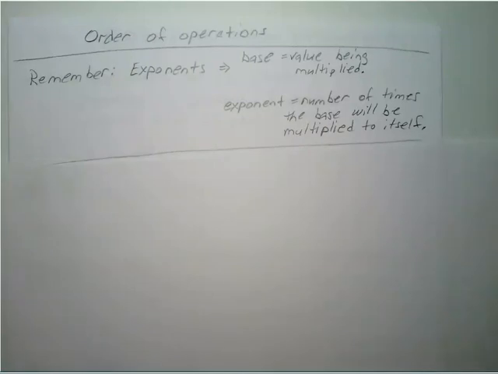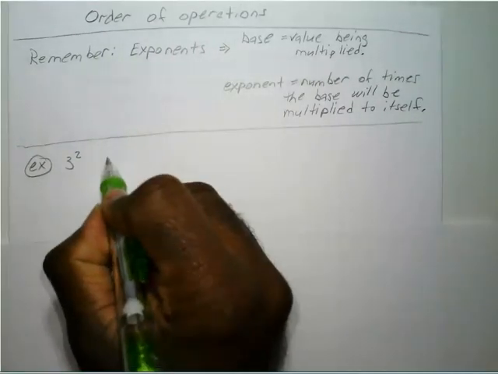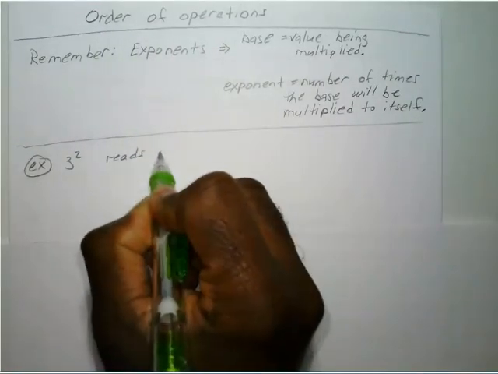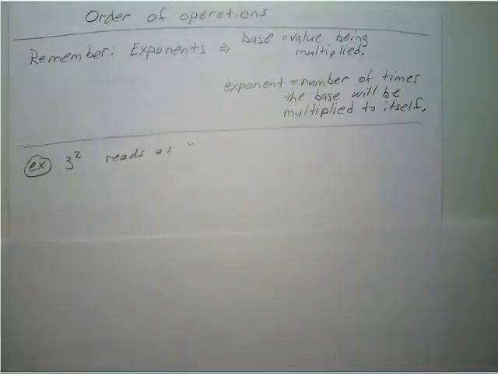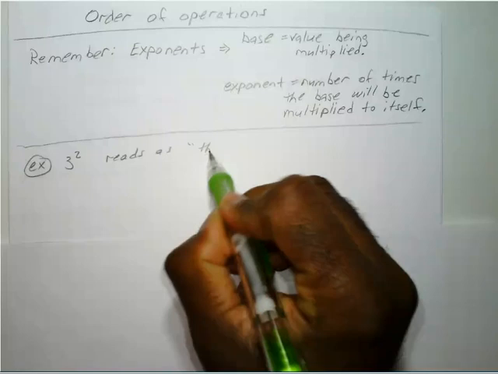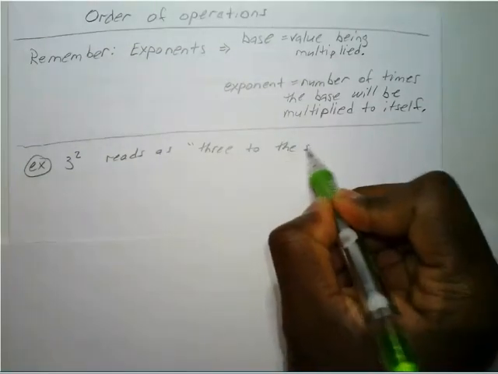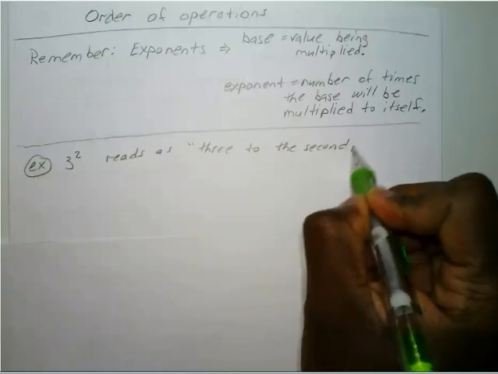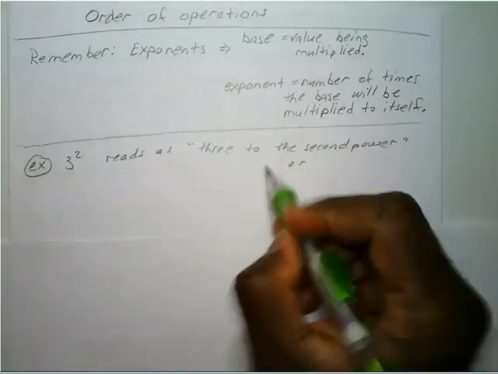Okay. So let's look at this exponent problem. Okay, so this would read as, we have two different ways you can read it. 3 to the second power, or 3 squared.